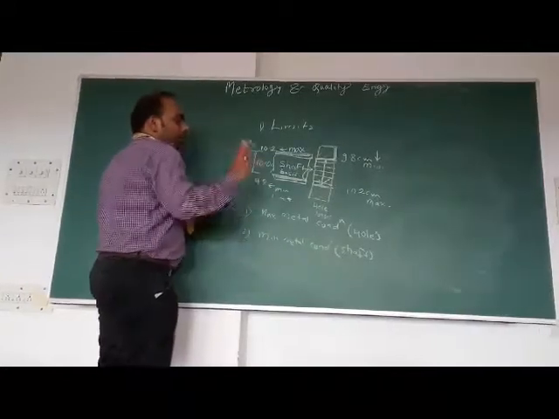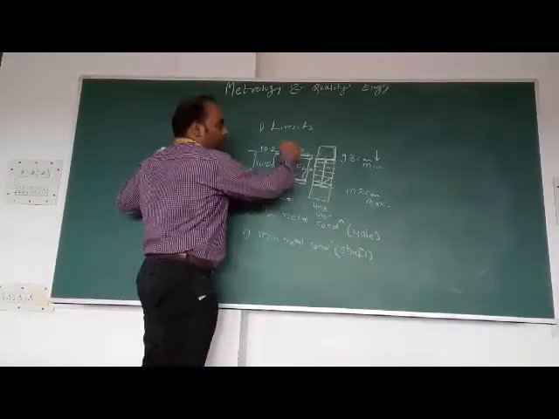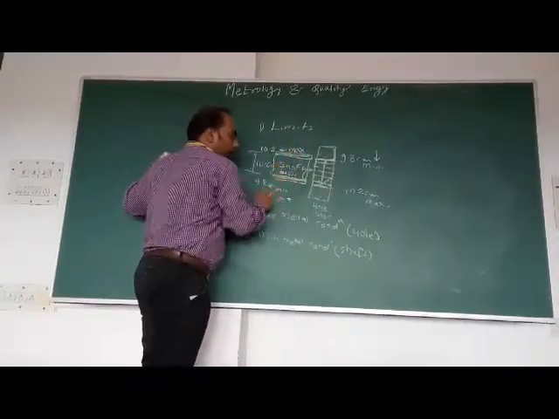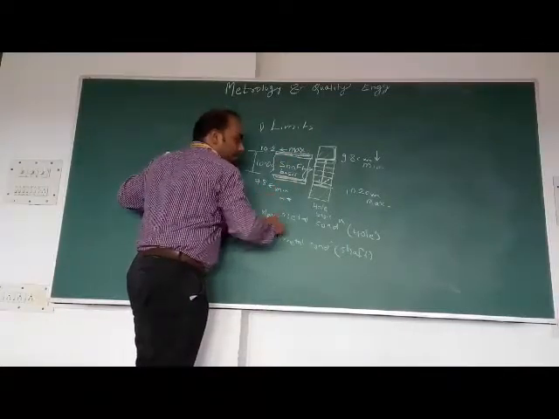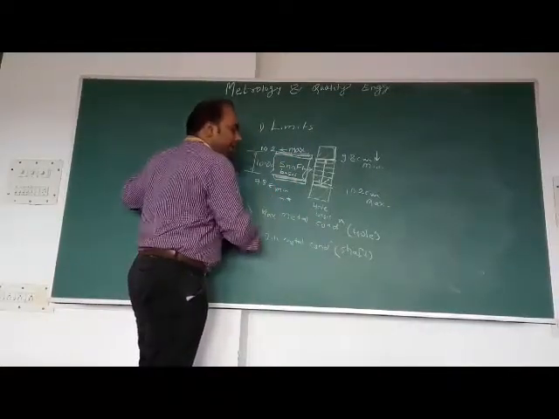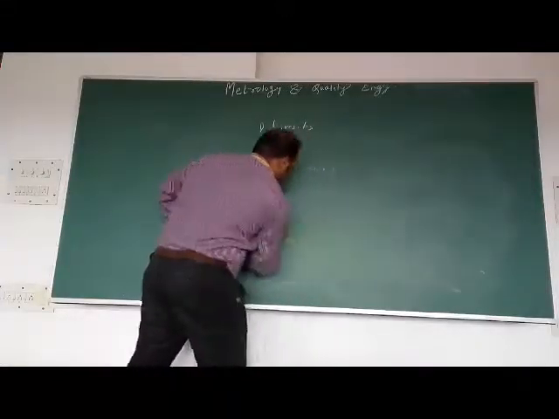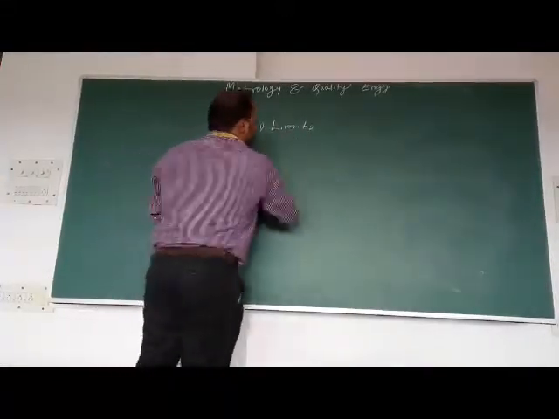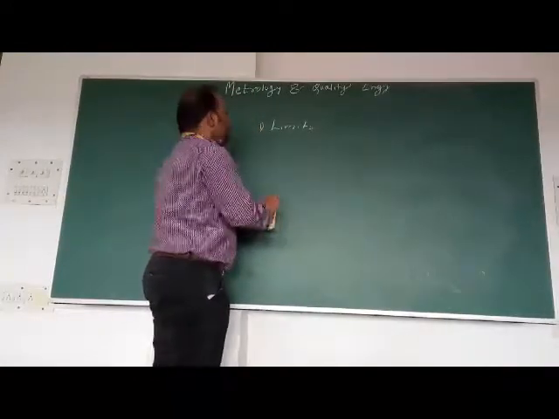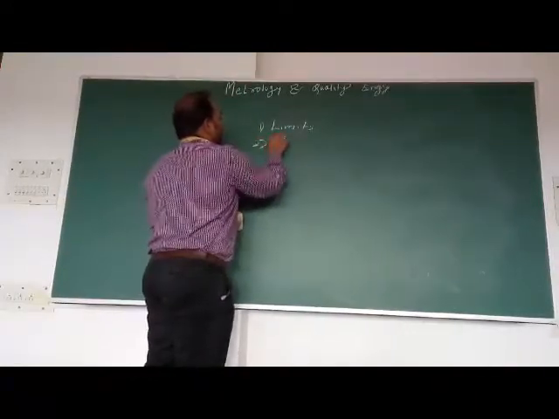Now we have seen a total of 4 conditions: one was maximum limit, second was minimum limit, this is maximum metal condition, and next is minimum metal condition. Moving to the second category, we are going to see the fits.